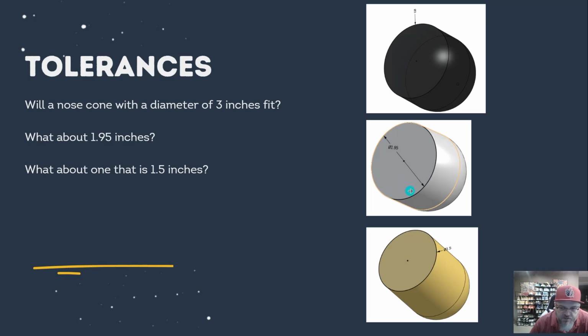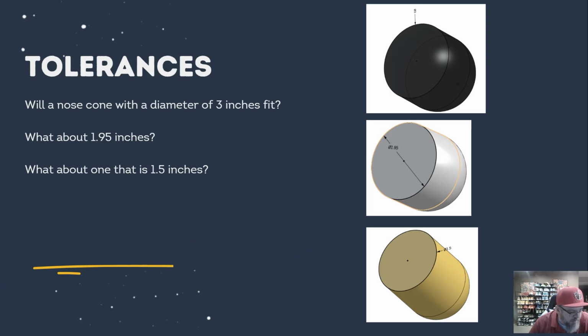Might be a little snug. It would probably catch just enough so it wouldn't fall out too easily. But when that escape charge hit, it would pop out. And what about if it was only 1.5 inches? It probably would slide right in. It would probably go right through, land on the engine, and probably explode or cause some other sort of issue.